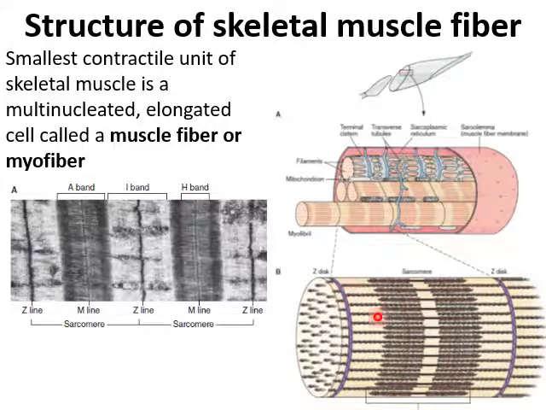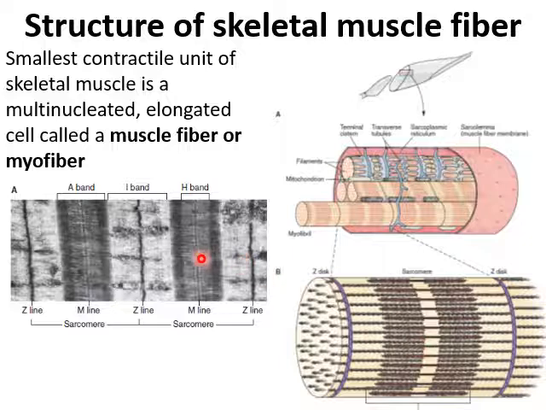These dark structures that you are seeing are the myofibrils, which are arranged parallel along the long axis of the muscle cell. Each myofibril is further divided into thick and thin myofilaments, which are arranged parallel along the long axis of the muscle fiber.